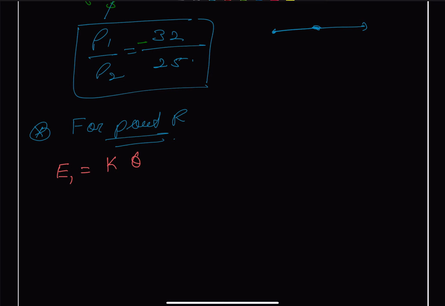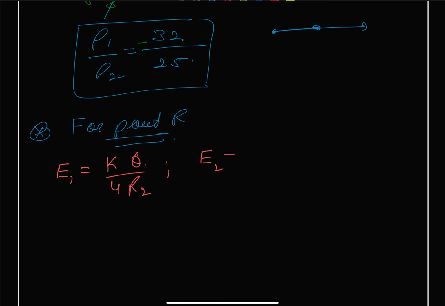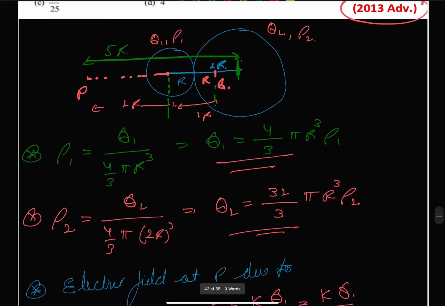So this comes as k q1 upon 4r square. And for the larger sphere, obviously the distance is going to change.